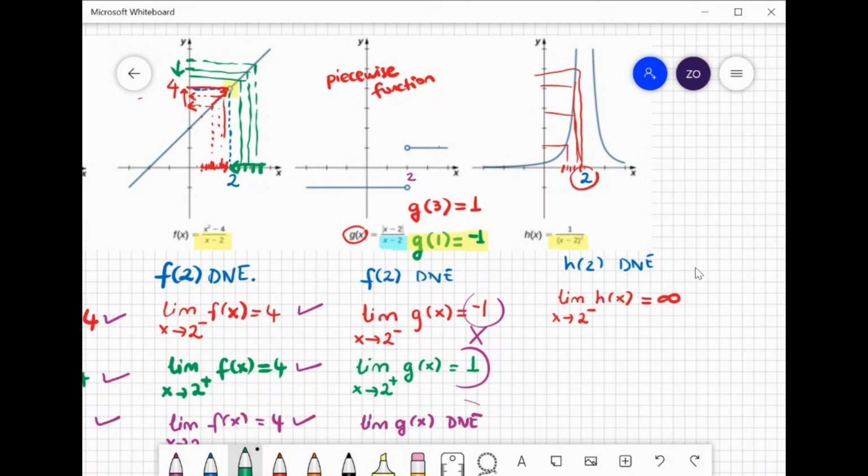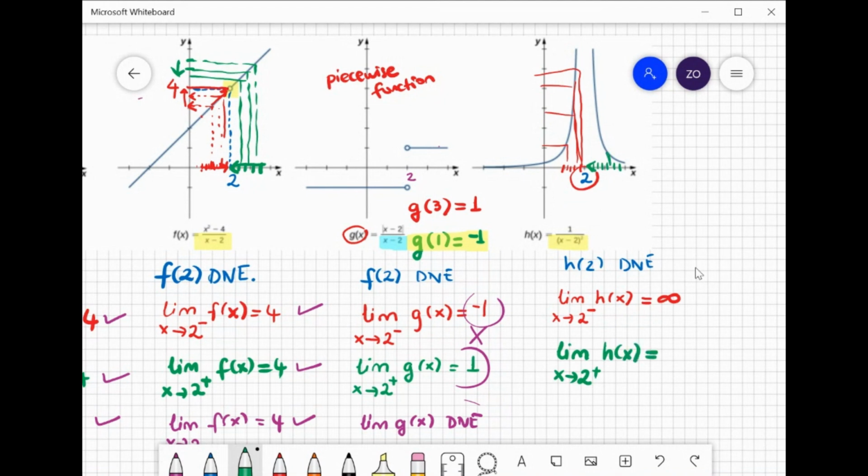And what happens if the x values get close to 2 again, but from values that are larger than 2? What happens to the y values? What happens to the function values?